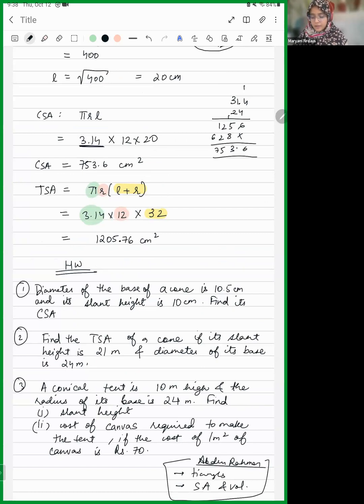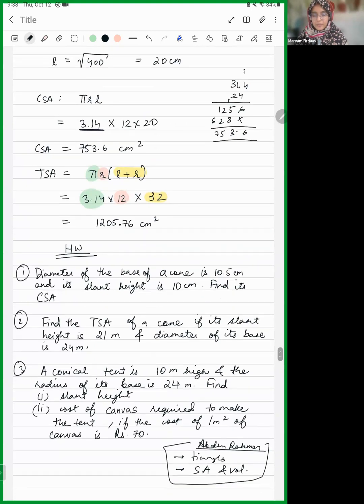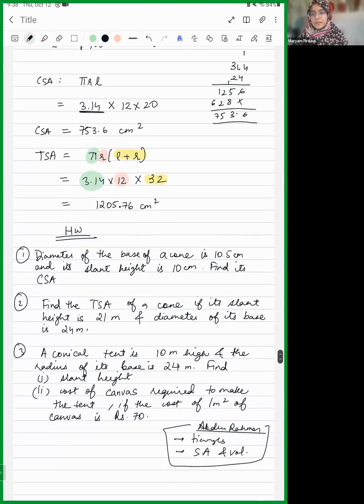Then Avni, let's do this one. A conical tent is 10 meters high and the radius of its base is 24 meters. Find the slant height. How did you find the slant height in this, Avni? The slant height L square is equal to R square plus H square. Then L square is equal to 676, adding both of them up.